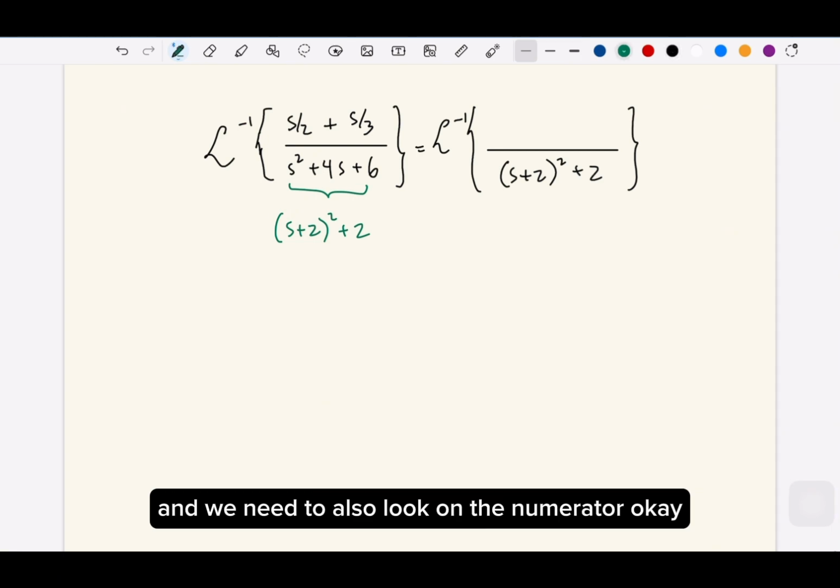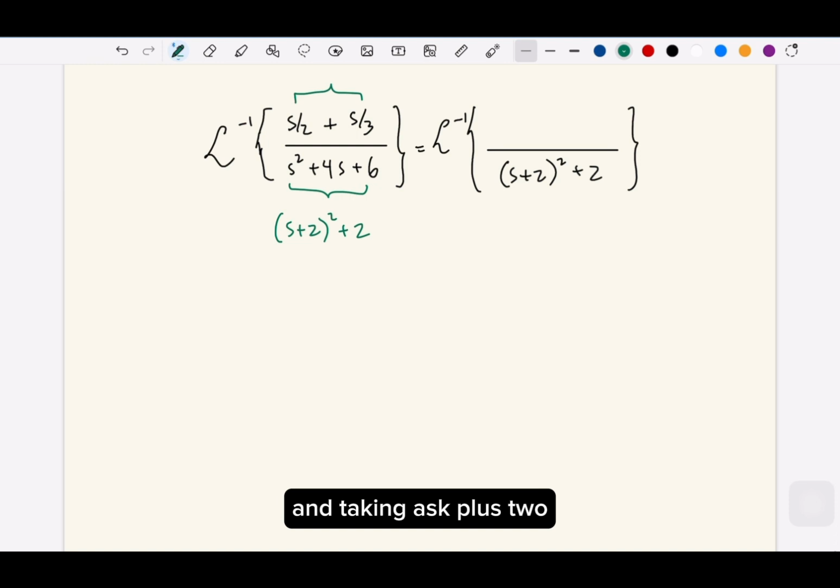And we need to also look at the numerator. Can we factor something out of this numerator by taking s plus 2?